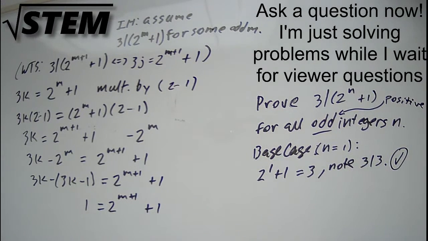That doesn't seem right. Because then if you subtract 1 from both sides, you get 0 equals 2 to the m plus 1, which is simply not true. I think somewhere in here I probably messed up an algebra step. So that is all garbage.